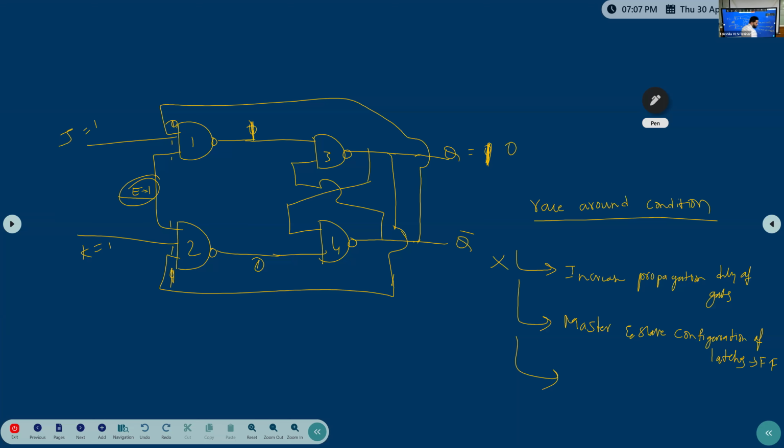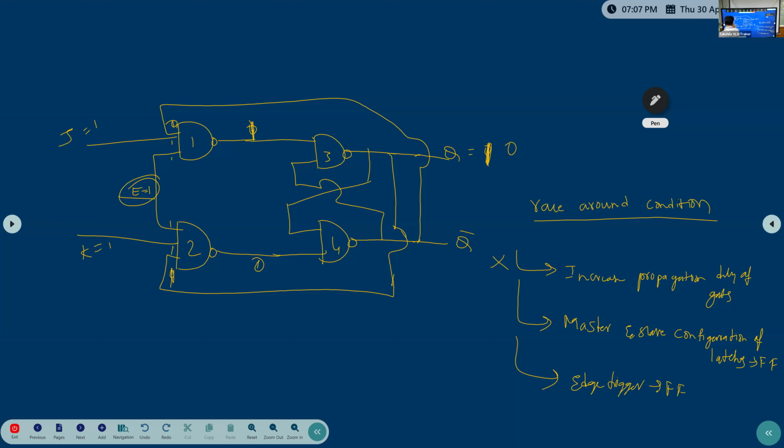The third solution is edge trigger. Edge trigger means it is also a flip-flop only.